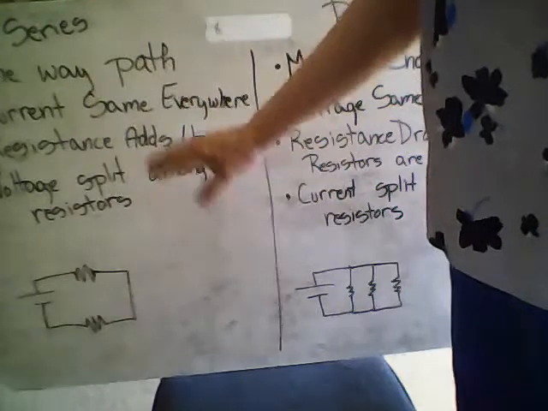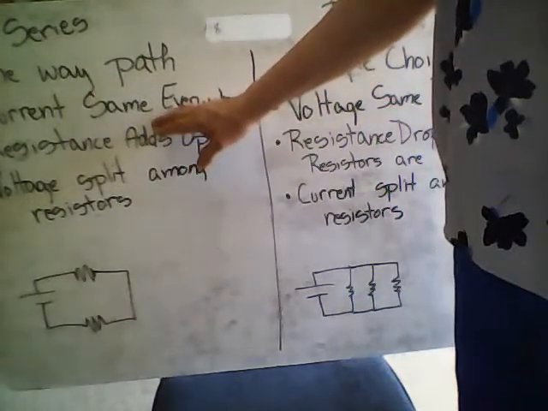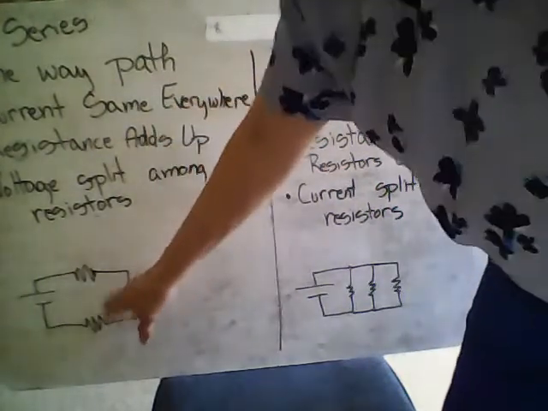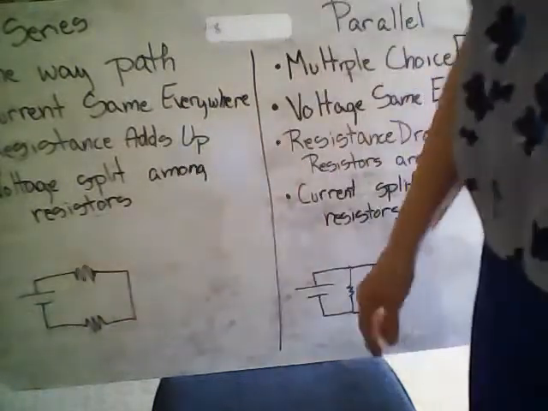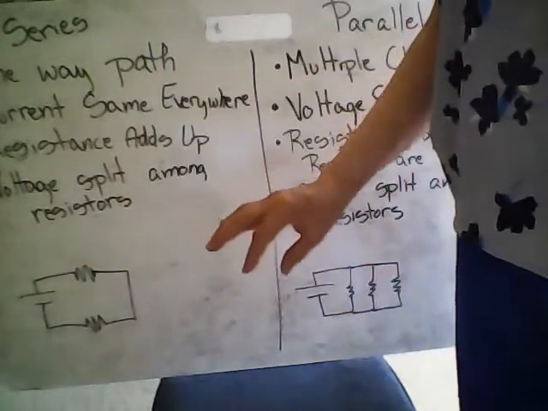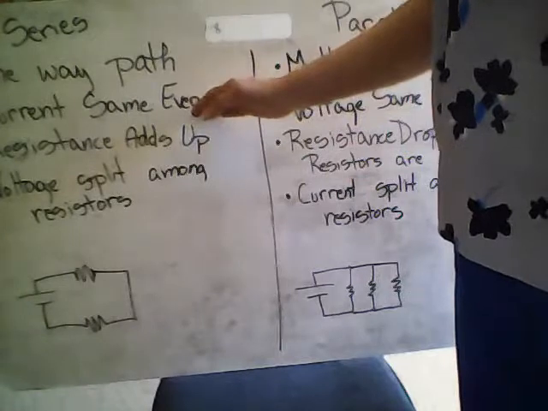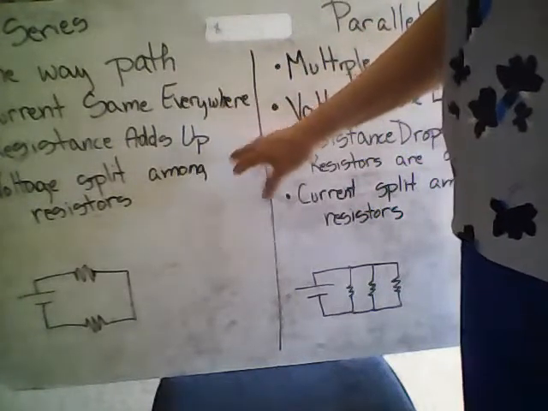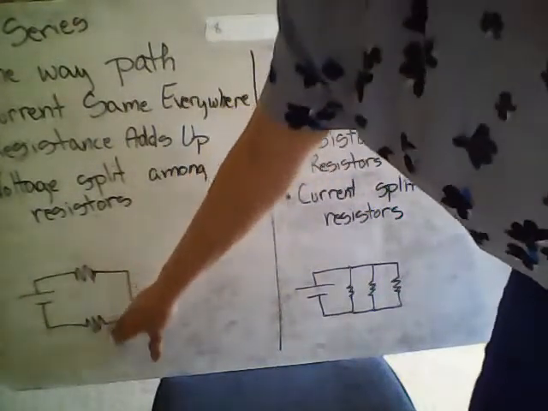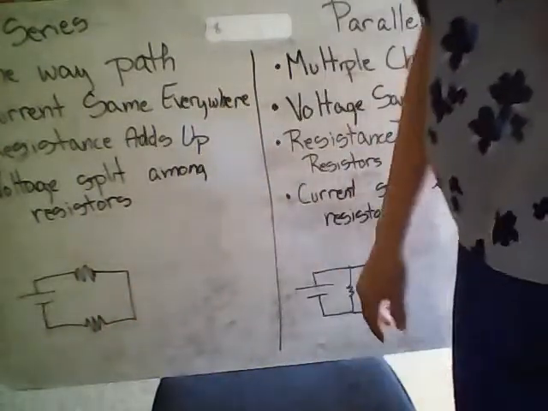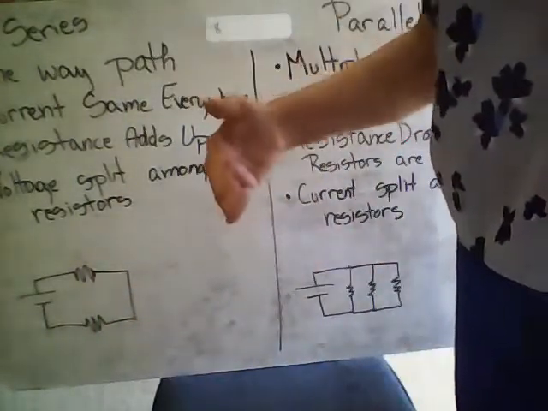Okay, one-way path. Current is the same everywhere. So if both these bulbs are identical, they have the same current, so they have the same brightness. Resistance adds up. So the more things that you put in your circuit, the greater your resistance.